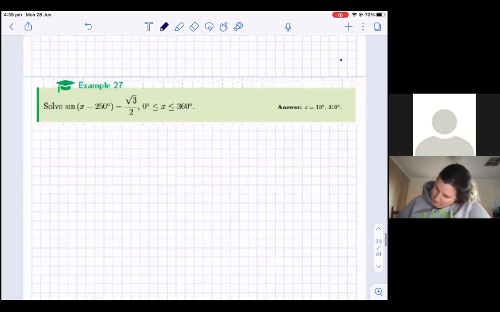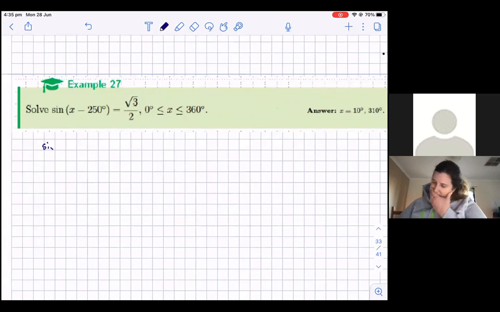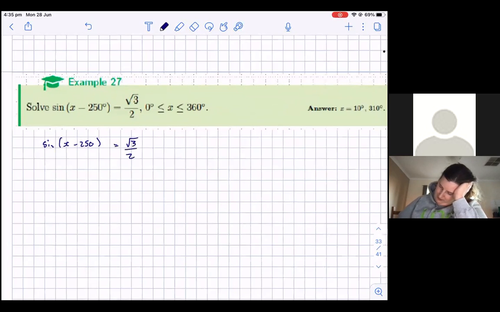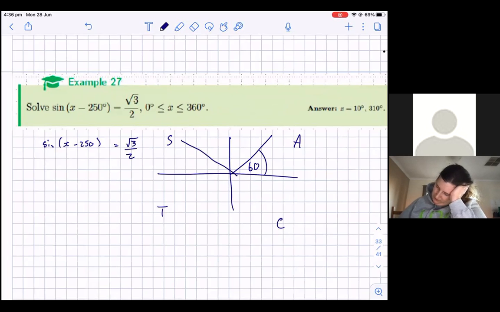Okay, and now we've got sine of x take 250 equals √3/2. Now, sine comes out as √3/2 when it's 60 degrees, but also at 120 degrees. So we've got x take 250 equals 60 and x take 250 equals 120.